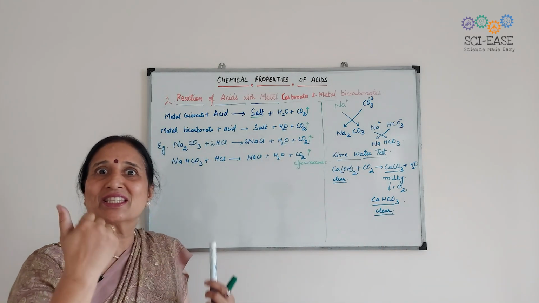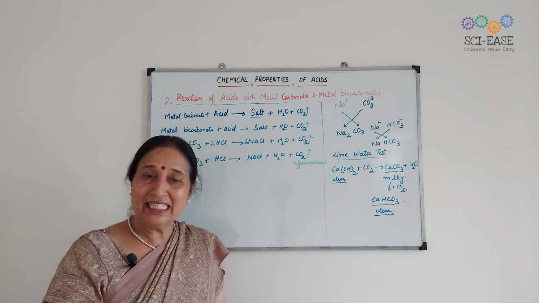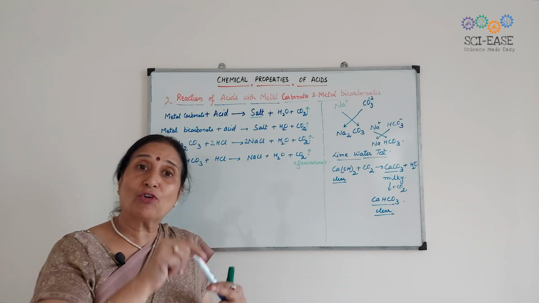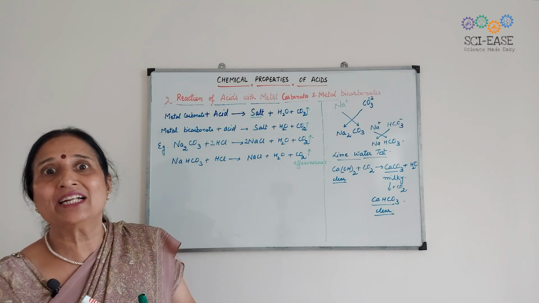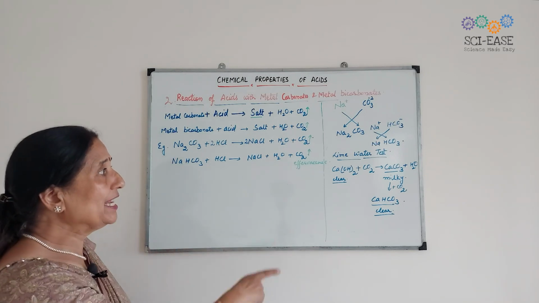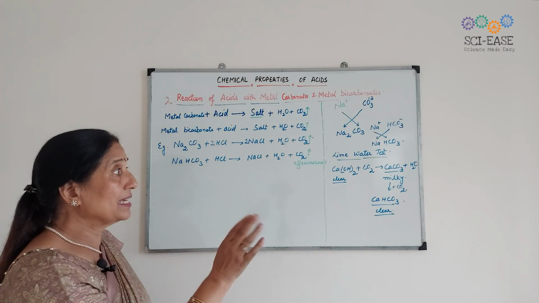Okay, the milkiness will disappear. Why? Because from calcium carbonate, now the product formed is calcium hydrogen carbonate. So this is a very important test for carbon dioxide.